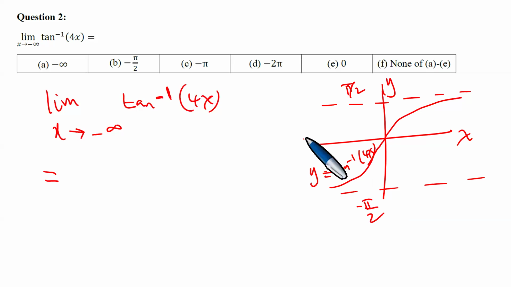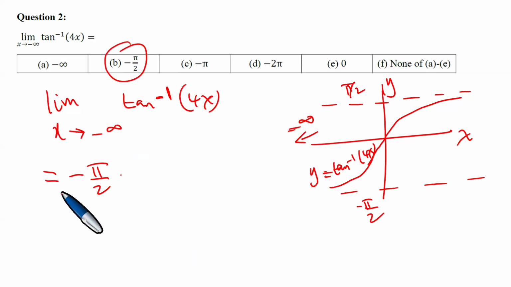If we are progressing in the negative infinity direction, you would see that the graph approaches minus pi over 2 radians, and therefore the answer would be part B.